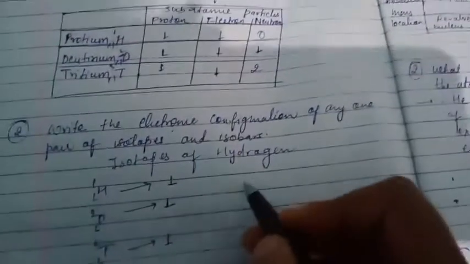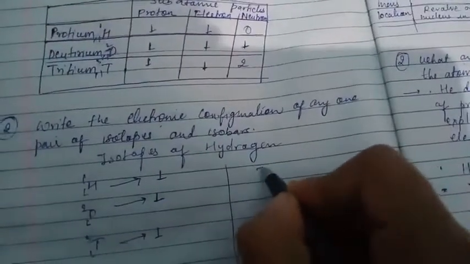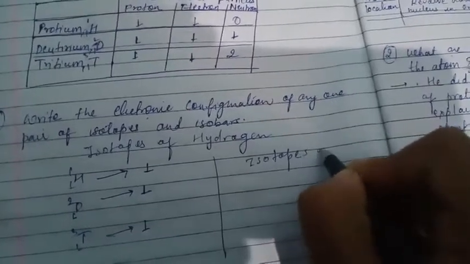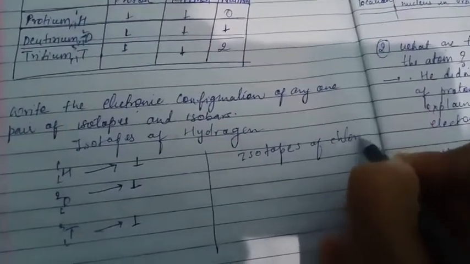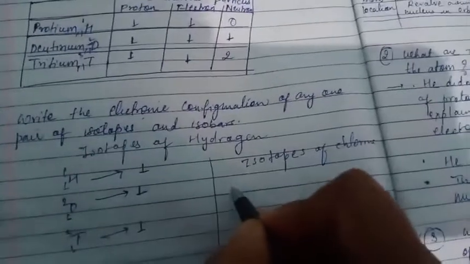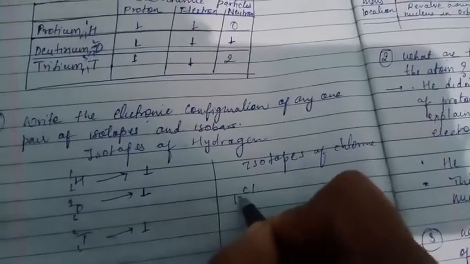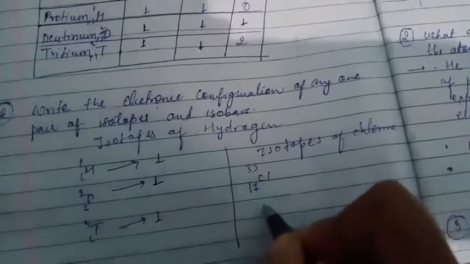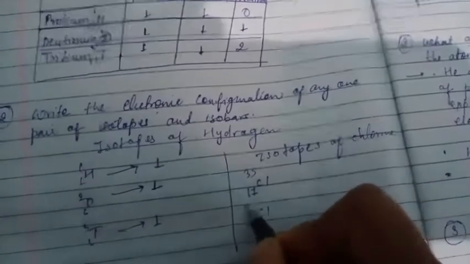Okay, you can also take another example, like isotopes of chlorine. Chlorine is found in the form of isotopes chlorine 17-35 and chlorine 17-37.